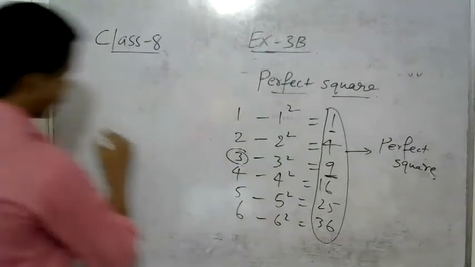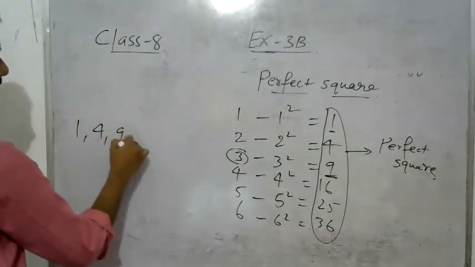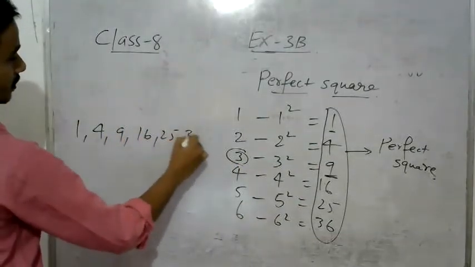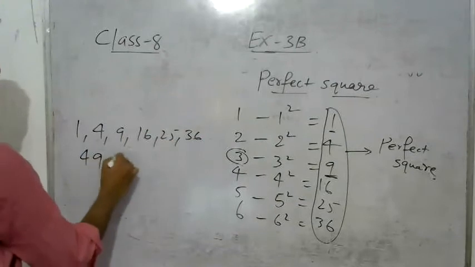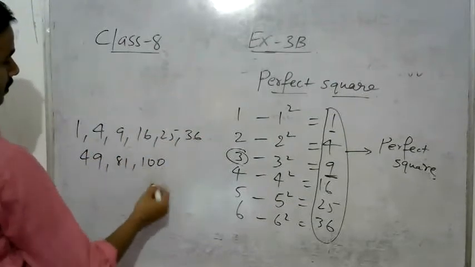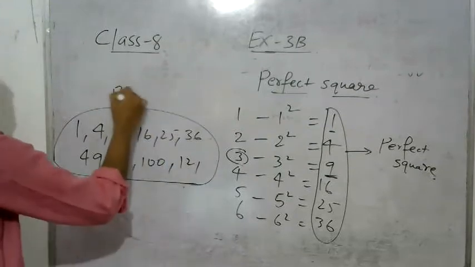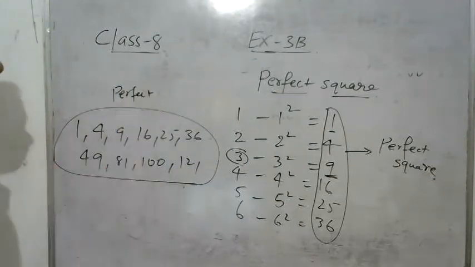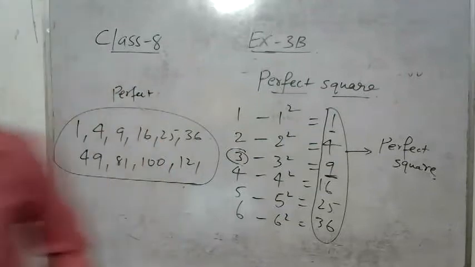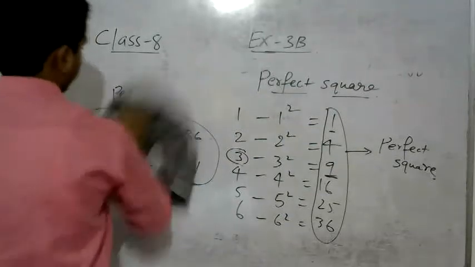So 1, 4, 9, 16, 25, 36, 49, 81, 100, 121 and so on are all perfect squares.